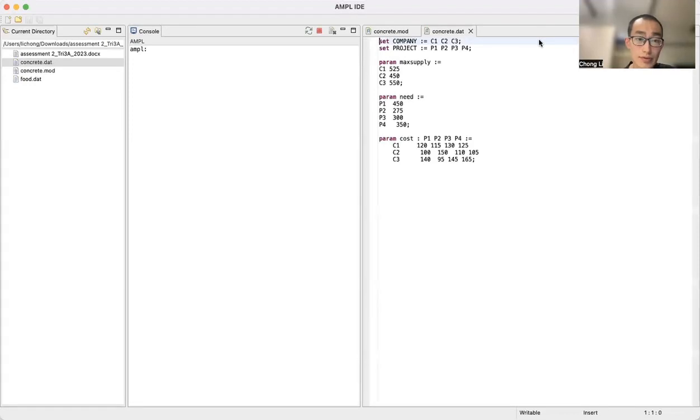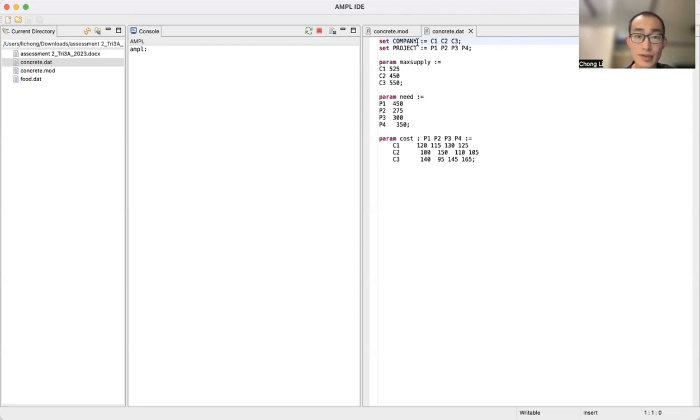So that fills in the input, and we interpret the problem and the solving process bit by bit. It's basically that we have a list of companies.